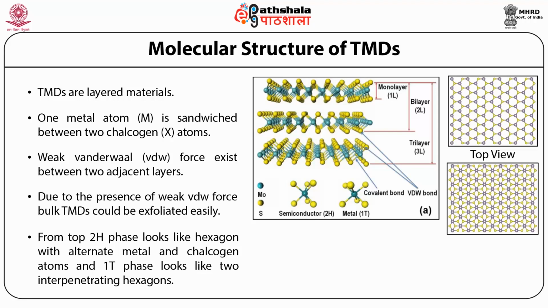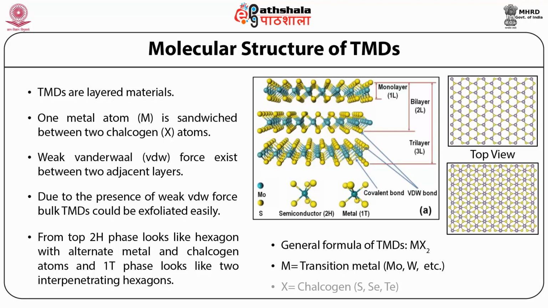From the top, the 2H phase looks like a hexagon with alternate metal and chalcogen atoms, and the 1T phase looks like two interpenetrating hexagons. The general formula of TMDs is MX2, where M is the transition metal like molybdenum, tungsten, etc., and X is the chalcogen: sulfur, selenium and tellurium.